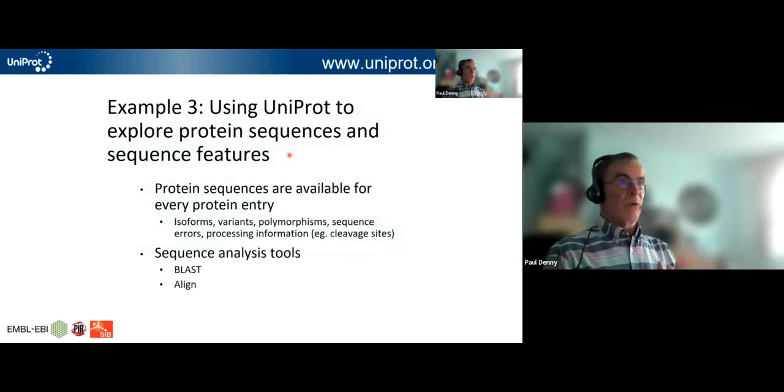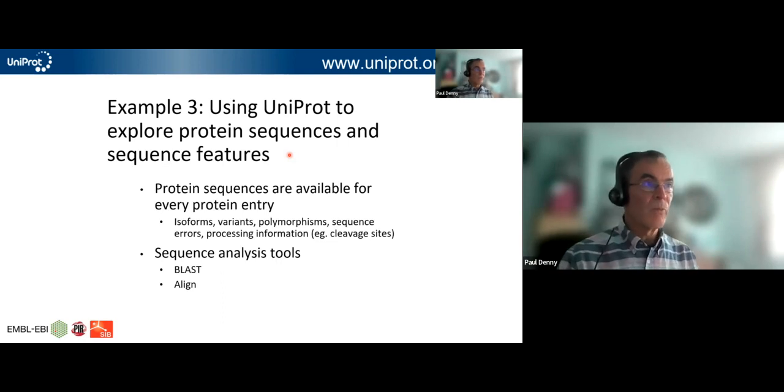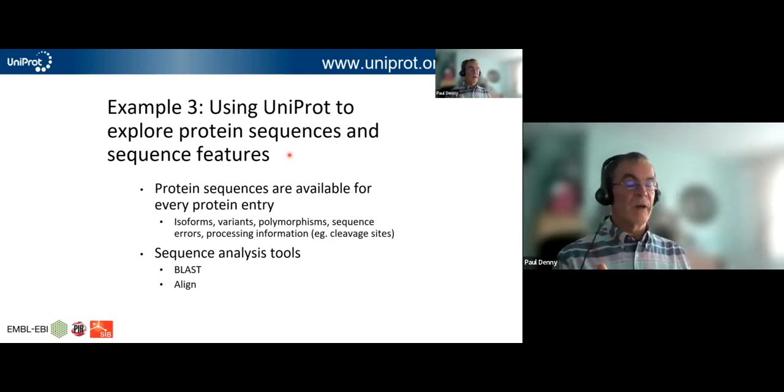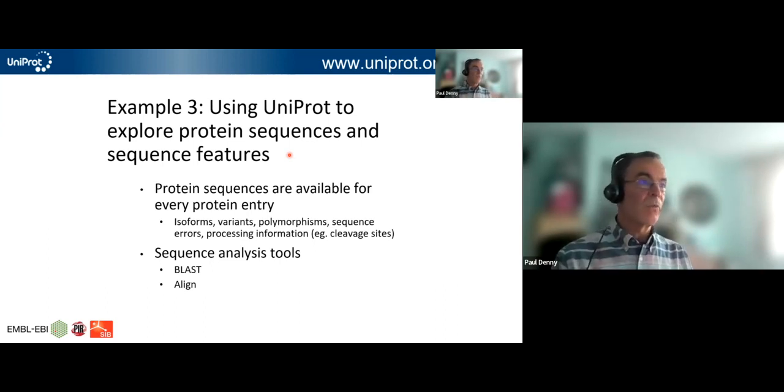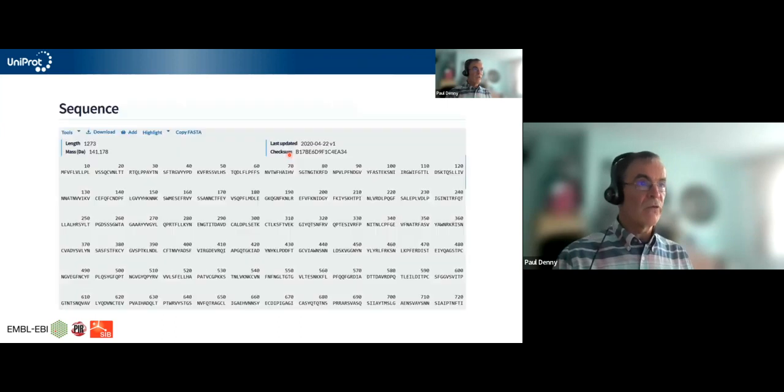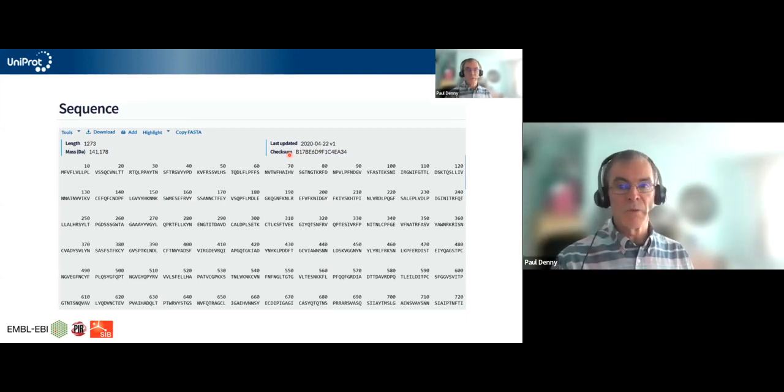Moving on to another example of what can be done with UniProt. Once you've found a protein entry that you're interested in, and you want to know about its sequences and its features within those sequences, I'll take you through some of those. This is one of the possibilities for obtaining sequence.